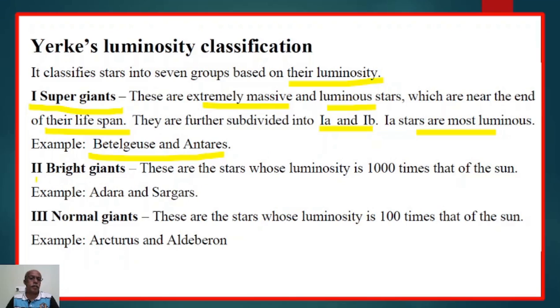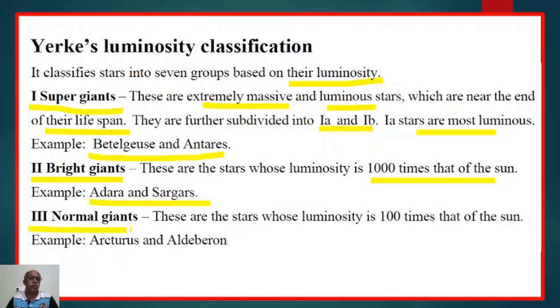The second classification of stars is bright giants. These are the stars whose luminosity is 1,000 times the luminosity of the sun. Examples for bright giants are Adara and Sargeras. The third classification is normal giants.